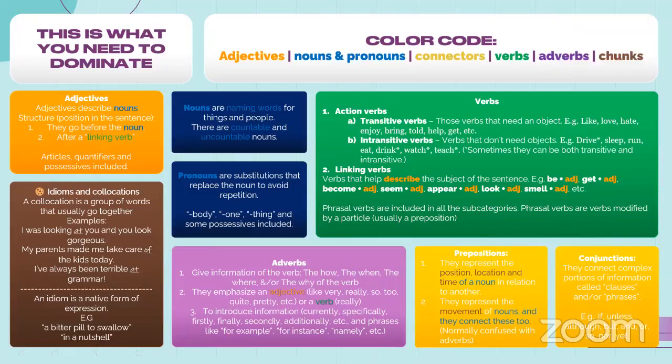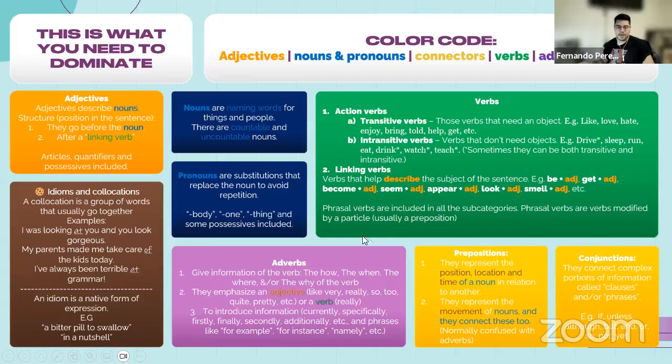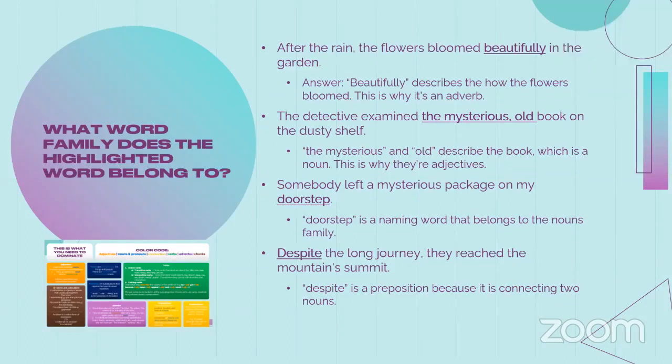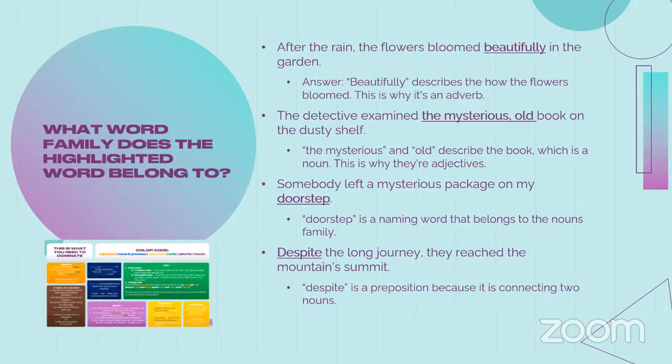So among adverbs, prepositions, and conjunctions, sometimes there are family members going here and there. That's the way. Despite was a difficult one. Very good. Let's go to the next one. Another difficult one, attention.